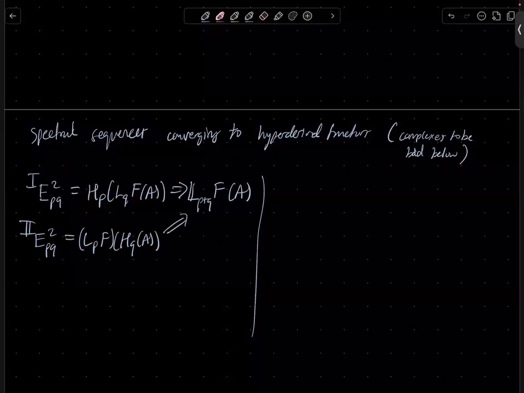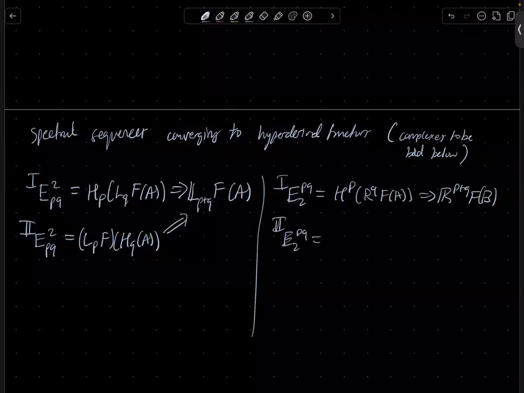Okay. Similarly for the cohomological ones, or the right hyperderived functors. This first one is very similar. You just flip everything around. H_P R^Q F on A, and that converges to R^{P+Q} F on A. And then the second one is similar: R^P F, H^Q.